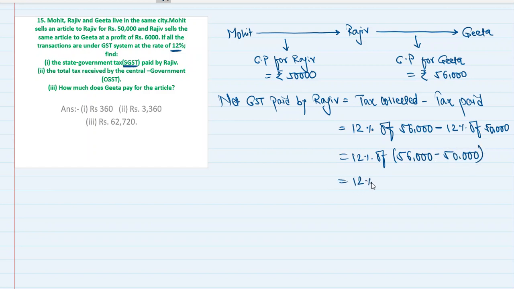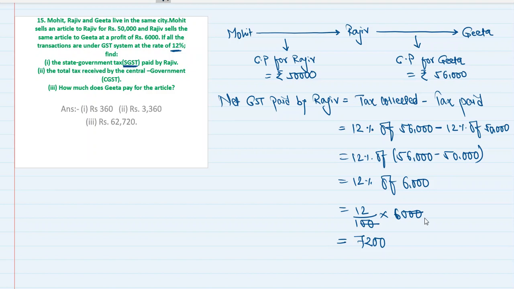That is 12% of 6,000. That is 12 upon 100 multiplied by 6,000. So this will be 7200, right? So net GST paid by Rajiv is equal to 7,200.